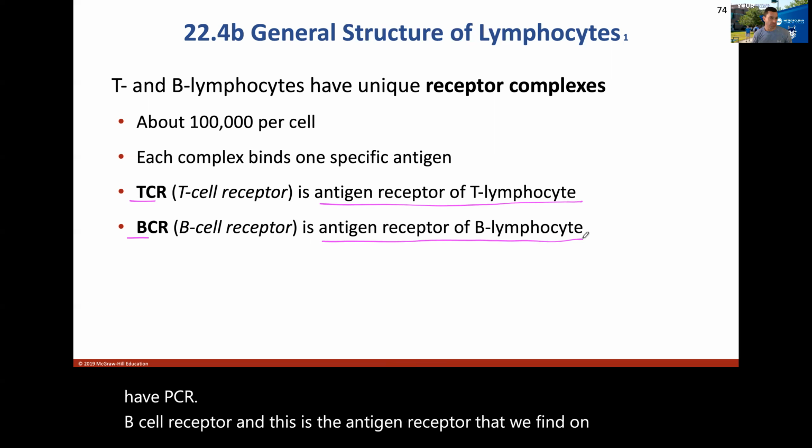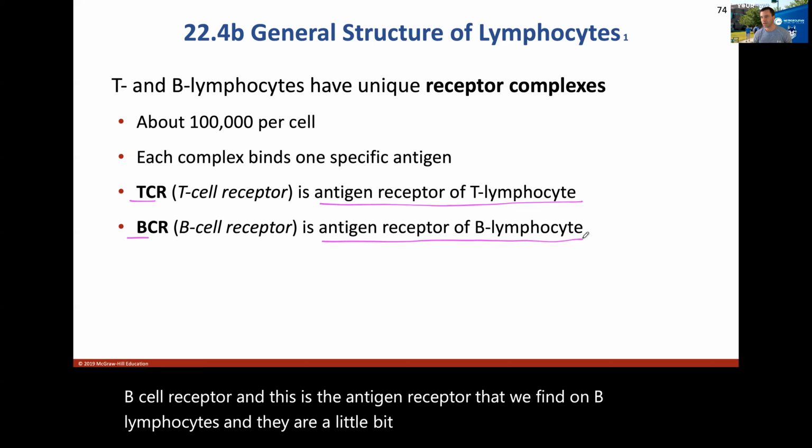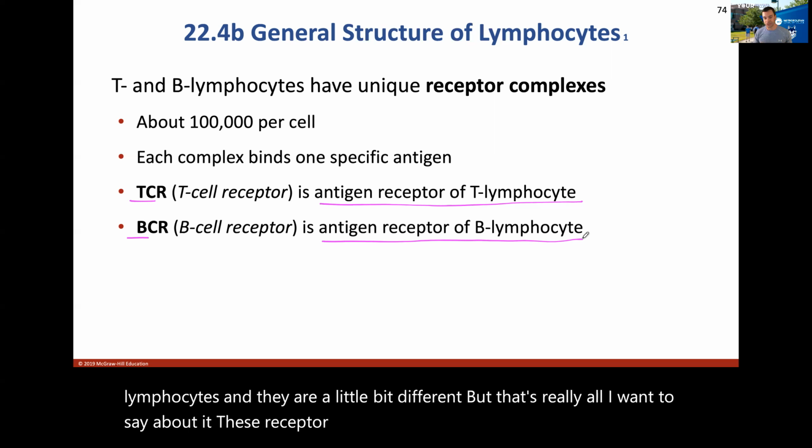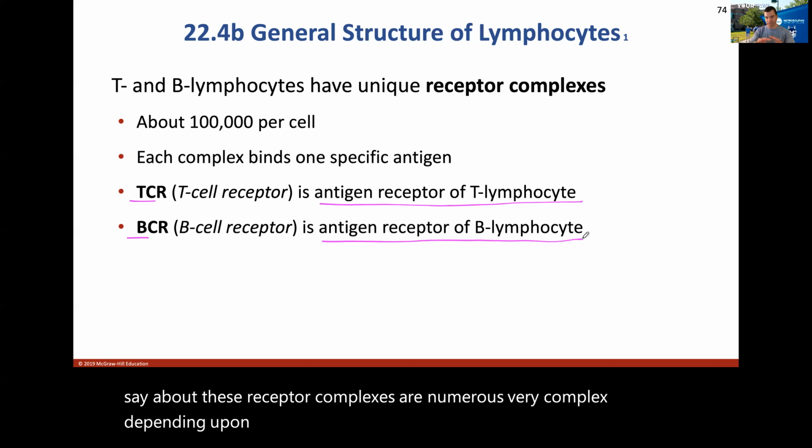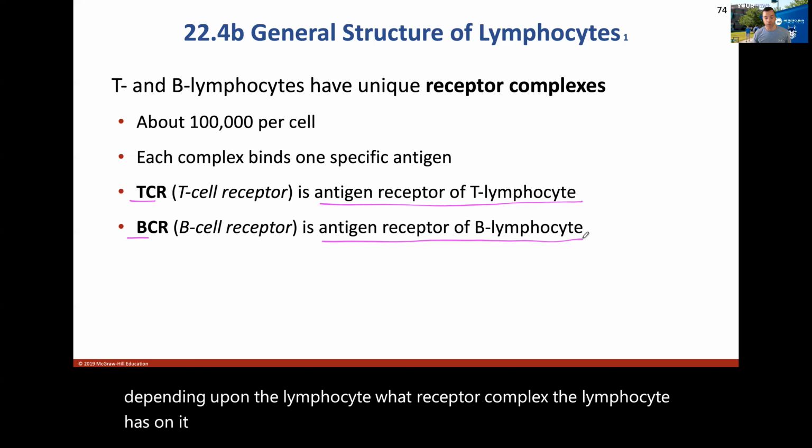And they are a little bit different, but that's really all I want to say about it. These receptor complexes are numerous and very complex, and what receptor complex the lymphocyte has on it will dictate whether it is going to become a T cell or a B cell.